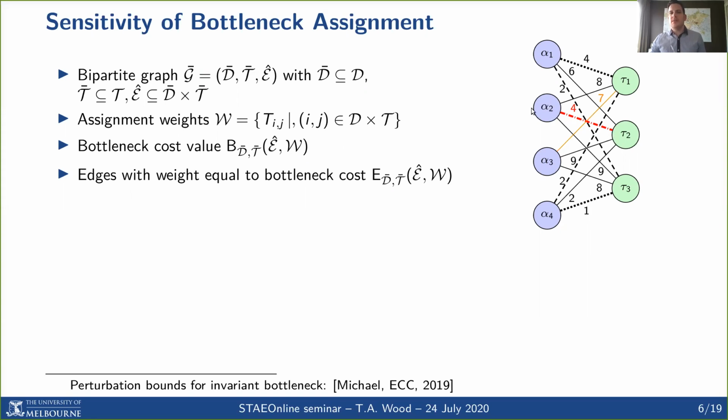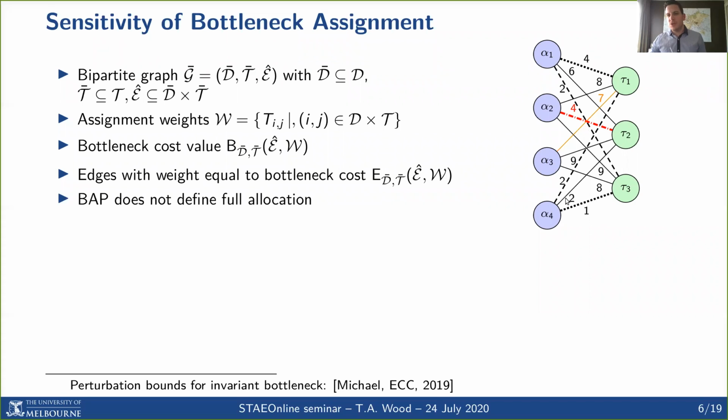So decoy 2 and threat 2 is a so-called bottleneck edge. But we see, in fact, there are several bottleneck edges. There's this edge and this edge. And there are actually several assignments that produce a bottleneck weight of 4.